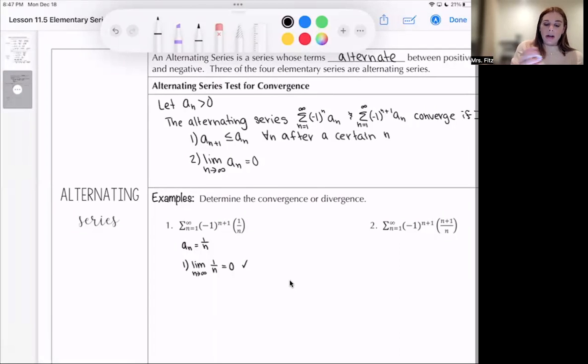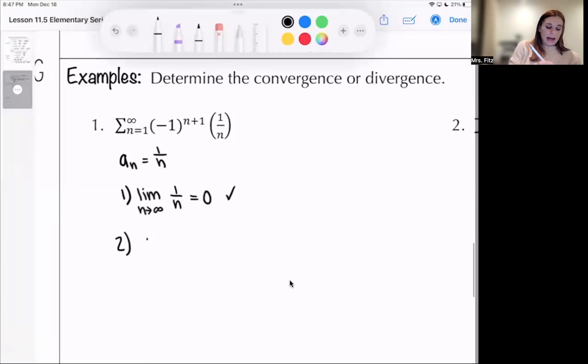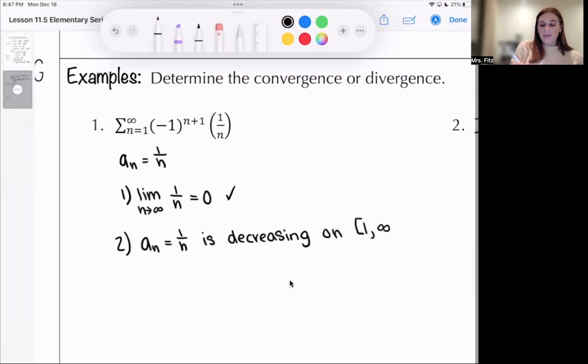Check. Okay, number 2 is we need to show that a sub n plus 1 is less than or equal to a sub n for all n after a certain n. Well, we do know that a sub n, which equals 1 over n, is decreasing on the interval from 1 to infinity, right? As I'm plugging in values.